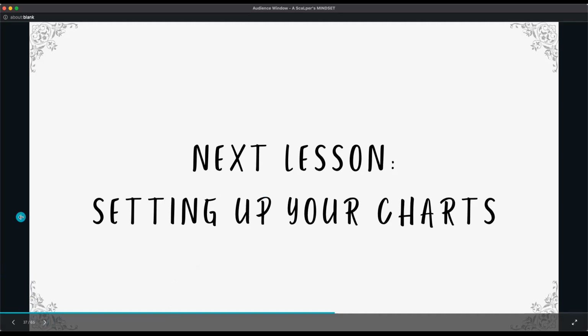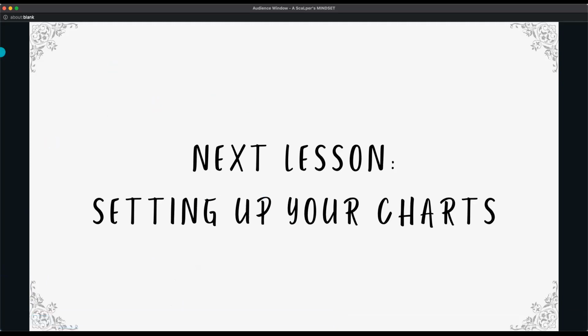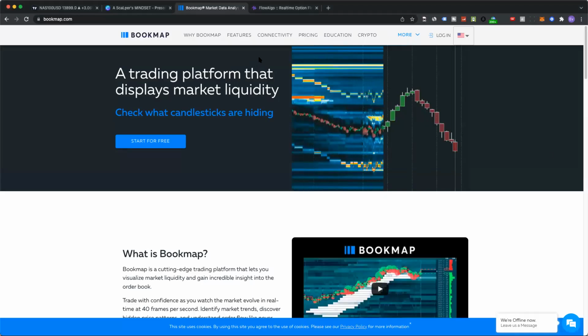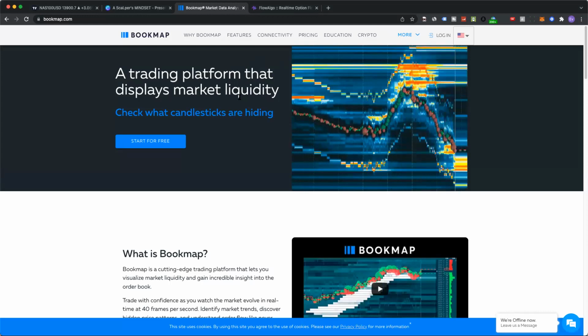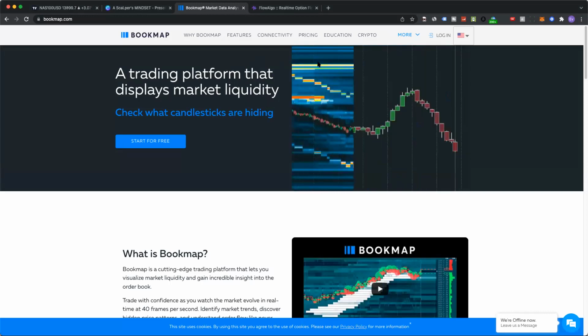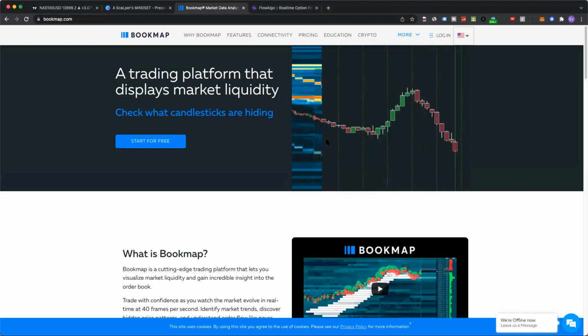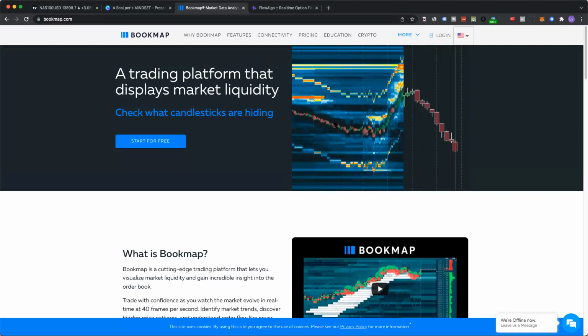Okay. So let's go into a new window real quick. Okay, this is Bookmap. This is going to let you see a lot of data that you're not able to see with TradingView. So I'm not going to teach this right now.